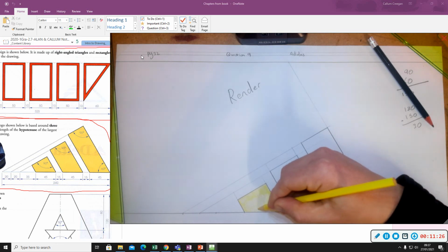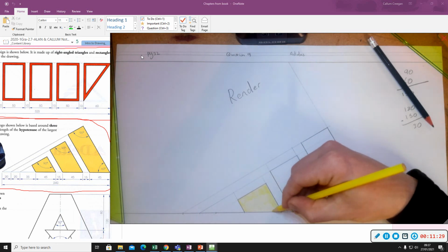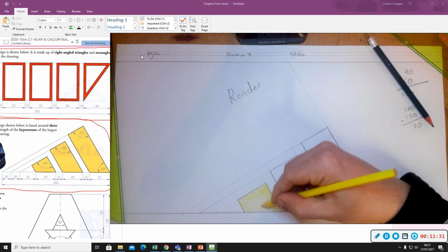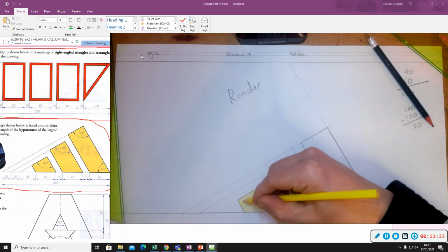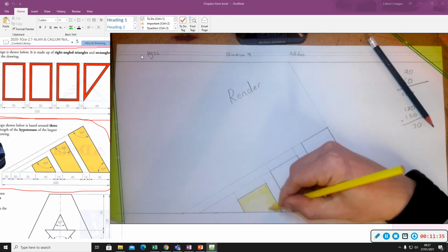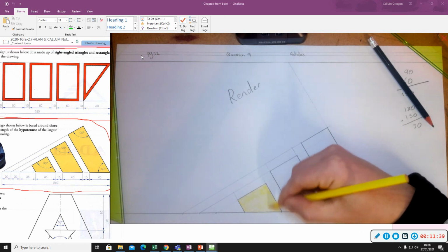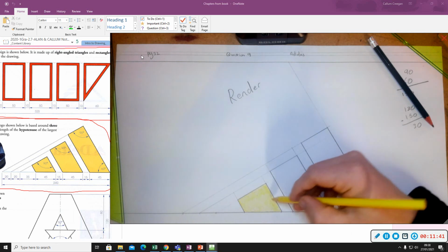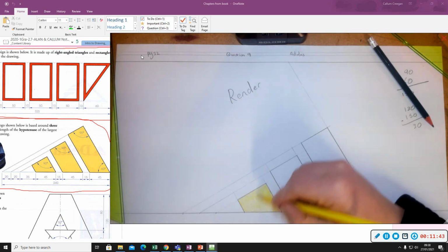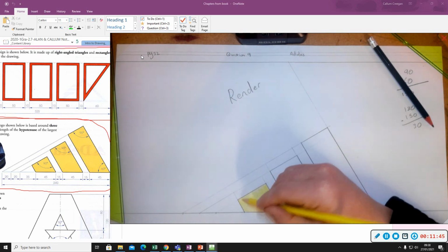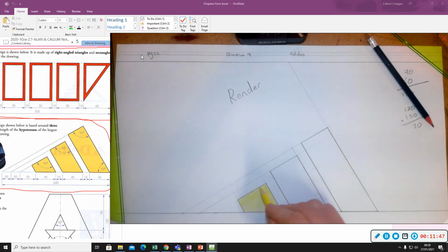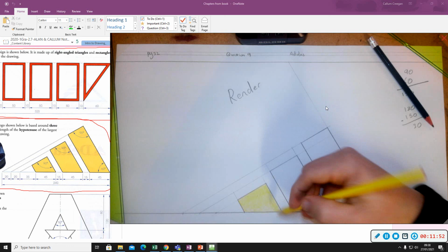You want a consistent approach throughout. Oh, yeah, add a bit more down here.